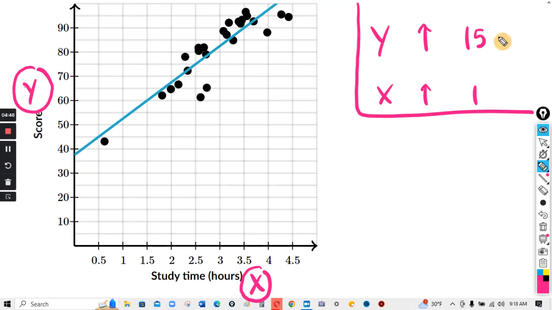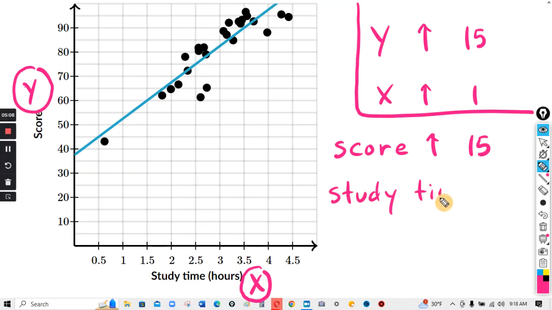Since y goes up by 15 and y is the score, we can say the score increases by 15, and x is the study time. The study time increases by 1. So that's going to be the answer.